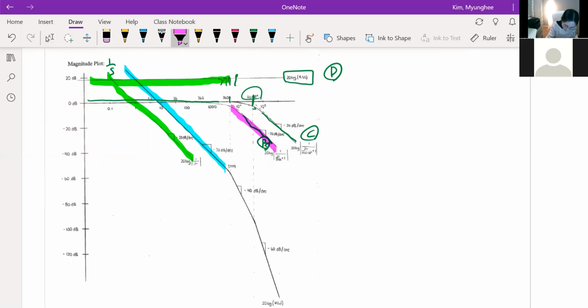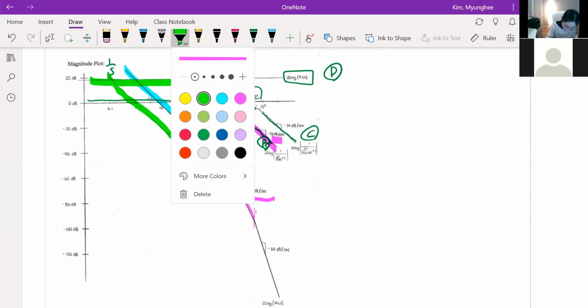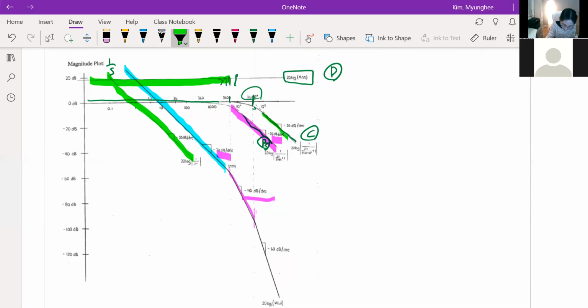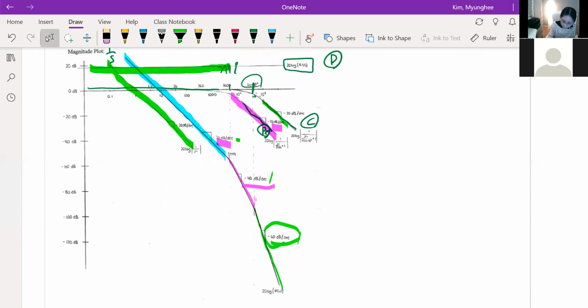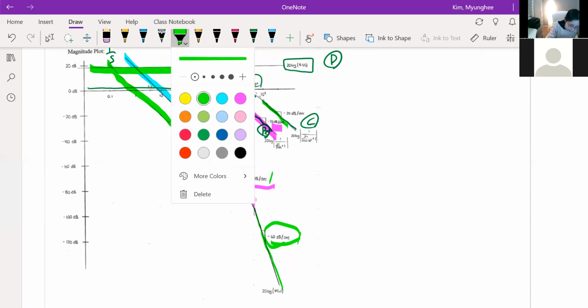So now you have its original negative 20, and you are adding negative 20 to negative 20, so it becomes negative 40. And then around this frequency, you need to add this green part again. So you add negative 20, and then negative 20, and all three becomes negative 60. So now you have negative 60 decibel per decade.